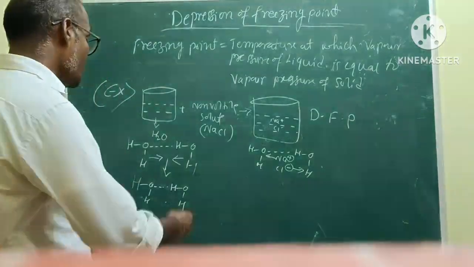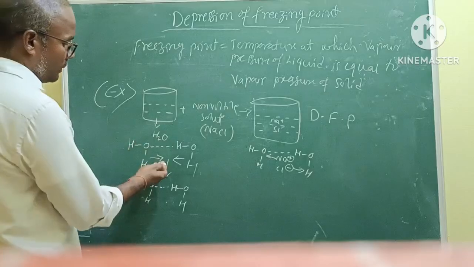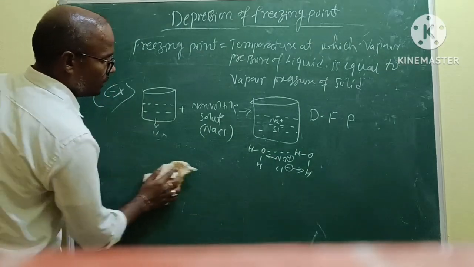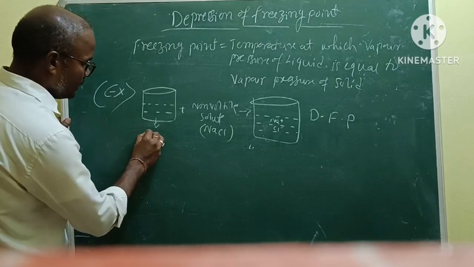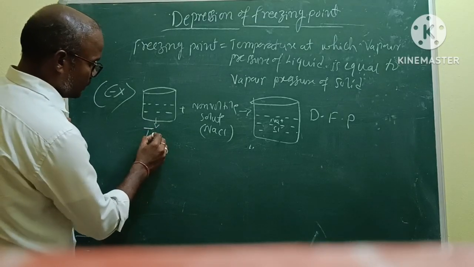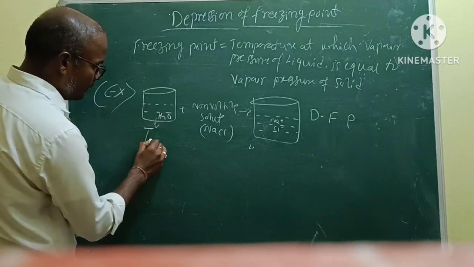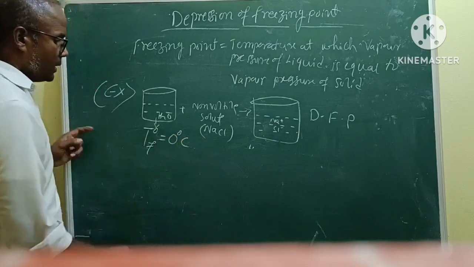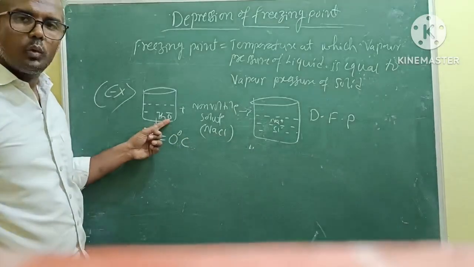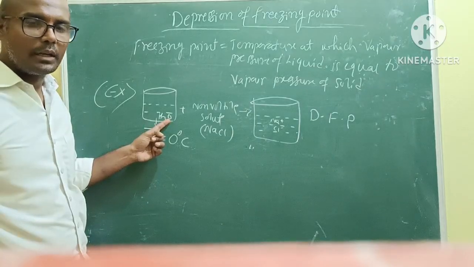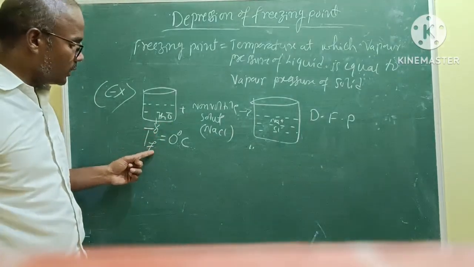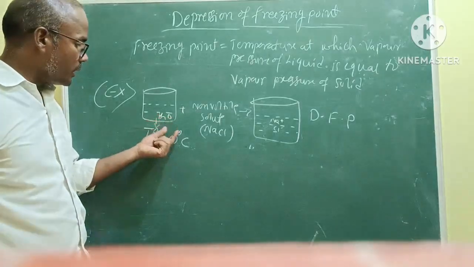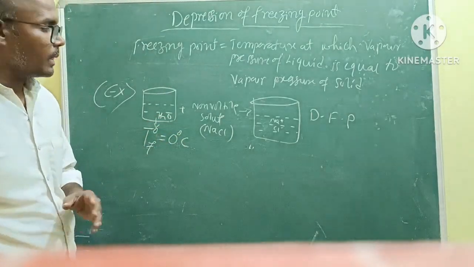Understand? So when solvent particles freeze at a particular temperature, for example H2O, which freezes at T0, that is 0 degrees Celsius. The solvent is in pure form, only one type of particle present, so we consider it as T naught F. H2O freezes at 0 degrees Celsius.